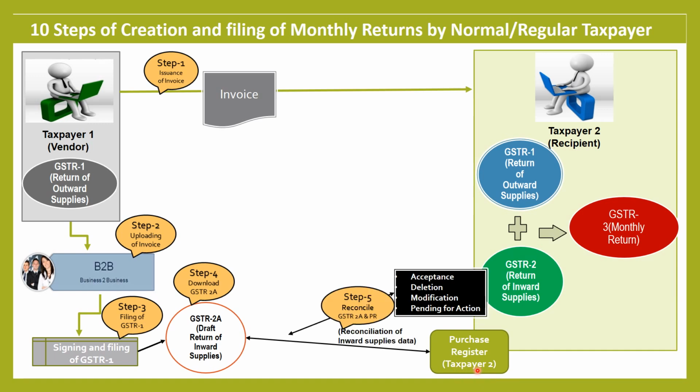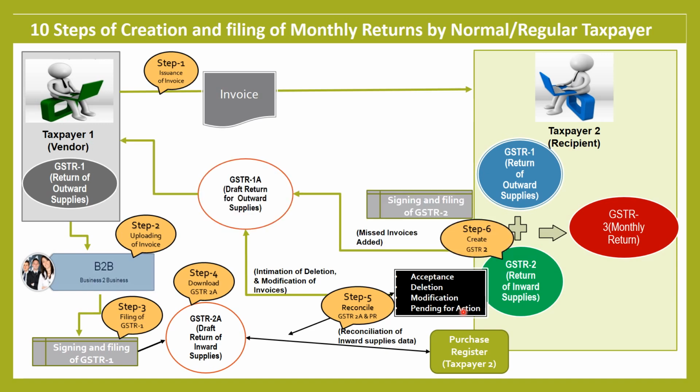Once he does the reconciliation, step 5 is to mark the flags of acceptance, deletion, modification or pending for action as the case may be, and to send it back to the GSTR1A, through which the taxpayer 1 or the vendor will come to know which invoices have been missed by him while uploading his GSTR1 details, and which are the incorrect, modified or deleted invoices as per the details reported by the corresponding or the counterparty taxpayer 2.